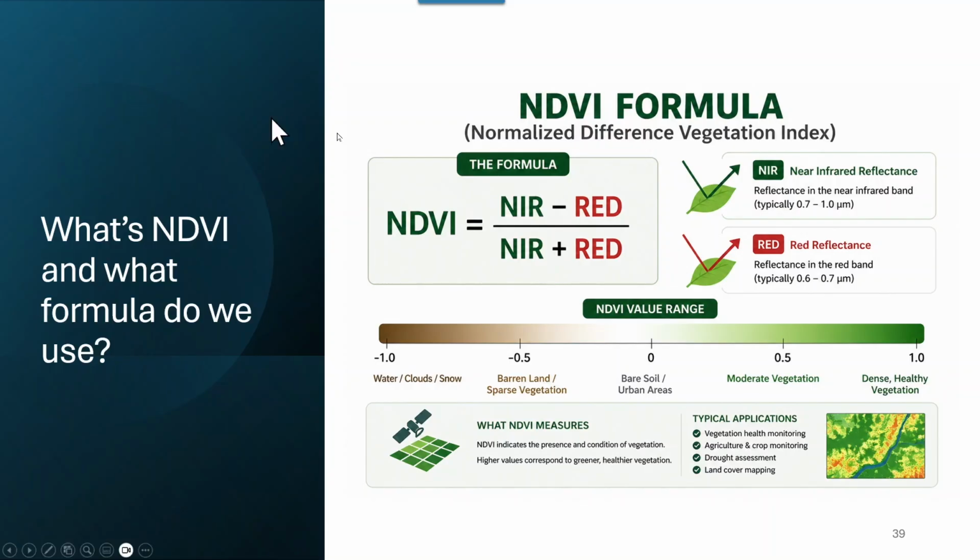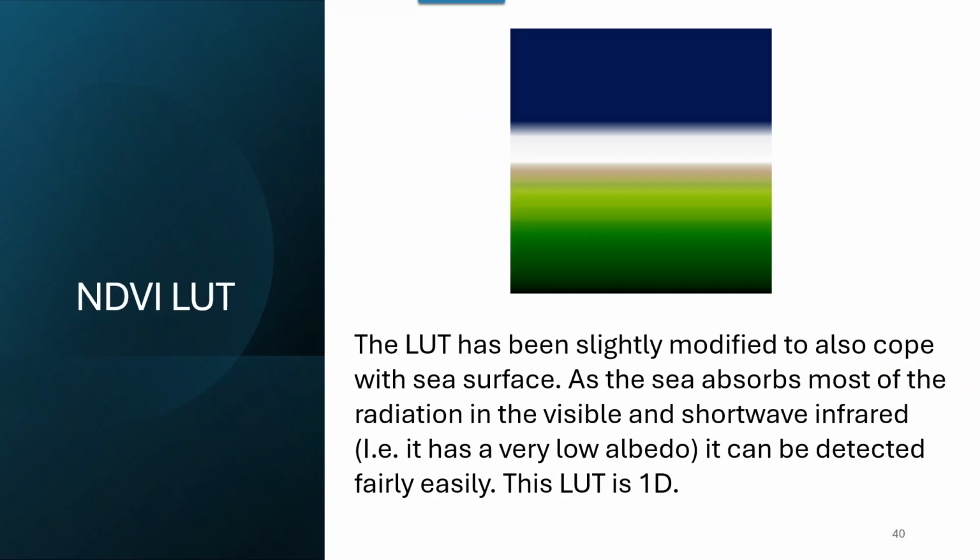And there is a formula that you can see here, tells you a little bit about the infrared reflectance, the red reflectance, and then here is color as depicted in the LET here. So let's continue. And here's the actual LET that we're using.